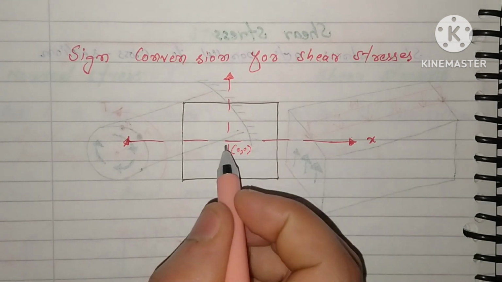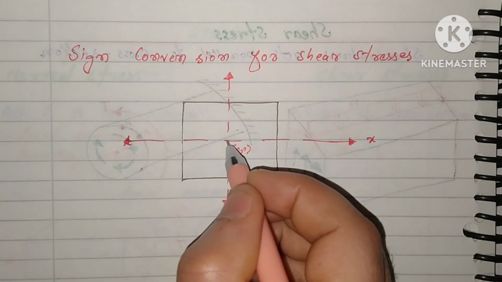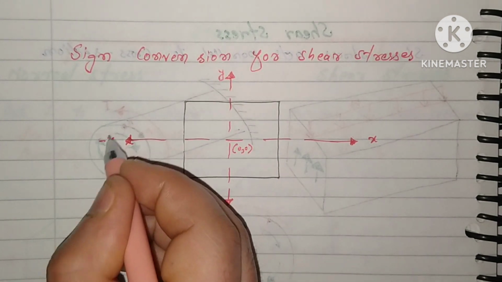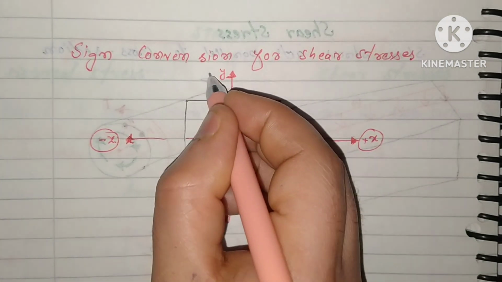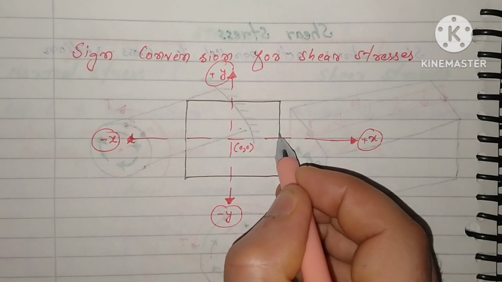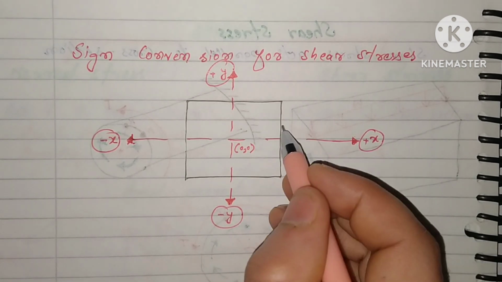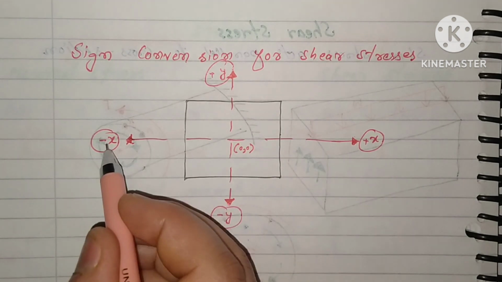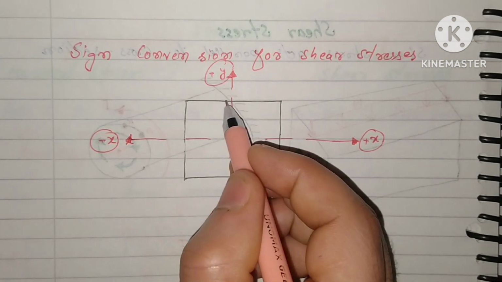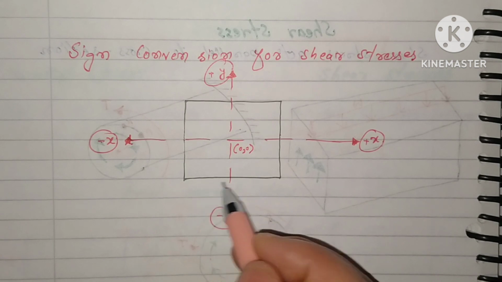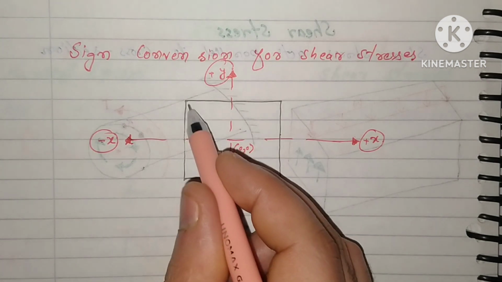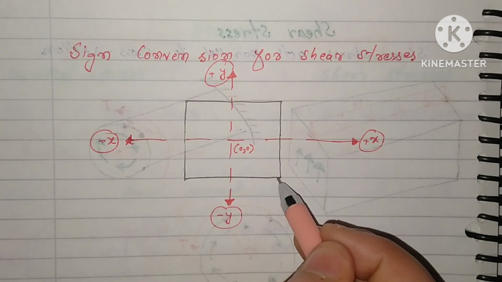This is the positive x direction, this is the negative x direction, this is the positive y direction, and this is the negative y direction. The face which is pointing toward the positive x direction is called the positive face. The face pointing toward the negative x direction is called the negative face. The face pointing toward the positive y direction is the positive face, and the face pointing toward the negative y direction is the negative face. So this one is a positive face, this one is a positive face, this one is a negative face, and this one is a negative face. This is the first concept.